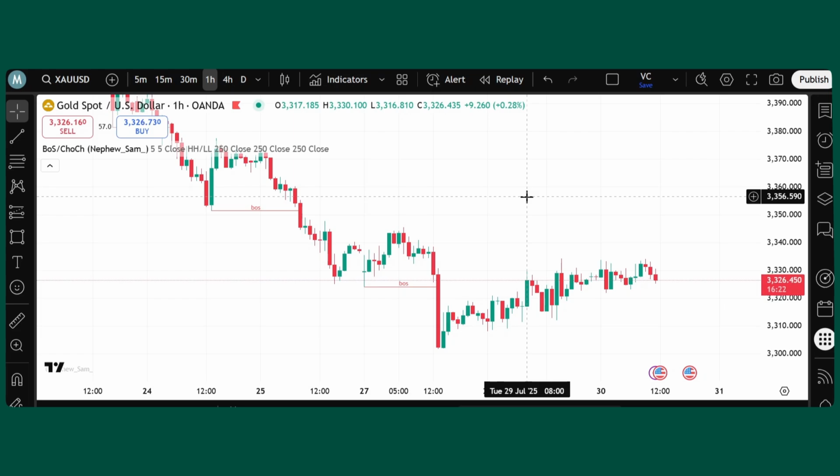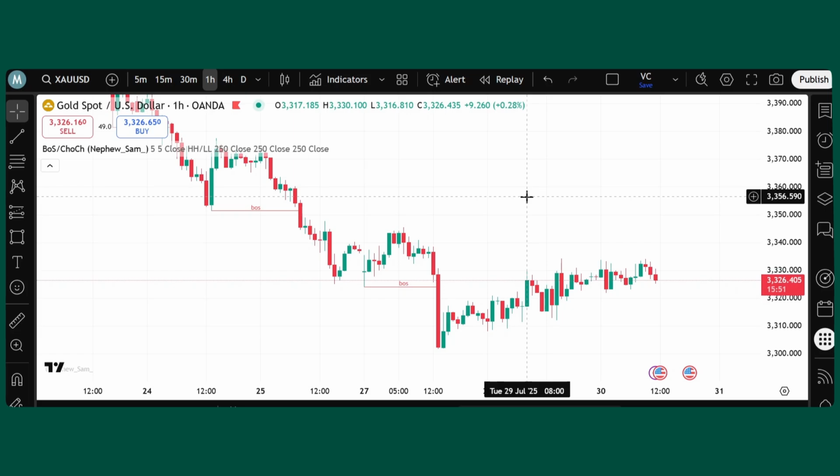To properly understand market structure, you need to know two concepts: break of structure and change of character, also known as market structure shift. A break of structure, or BOS, occurs when price moves beyond a swing high in an uptrend or a swing low in a downtrend, signaling trend continuation. On the other hand, a change of character, or COCH, signals a reversal in the market's direction.